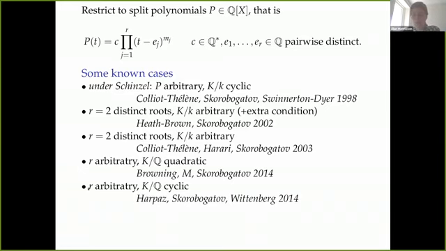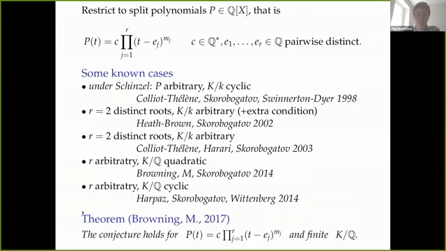Then, following our work, inspired by the use of results from additive combinatorics in this work, Harpaz, Skorobogatov, and Wittenberg went back to the original paper that was conditional under Schinzel's hypothesis and managed to replace Schinzel's hypothesis by a direct application of Green and Tao's results on primes and progressions in the setting where you have an arbitrary number of distinct roots and where you consider cyclic extensions of the rationals.